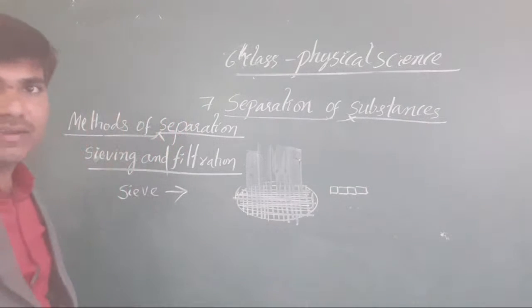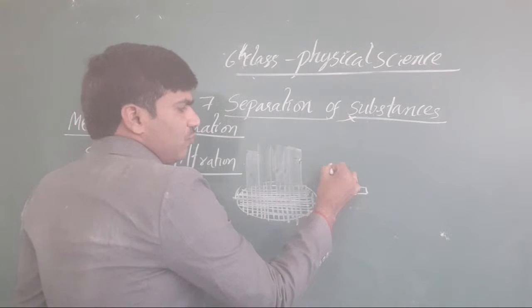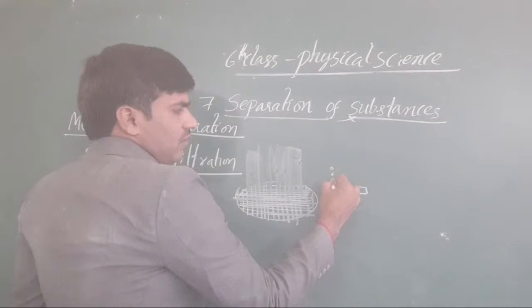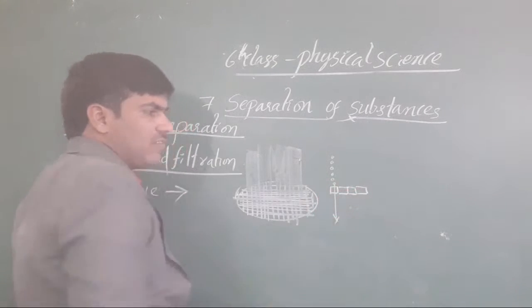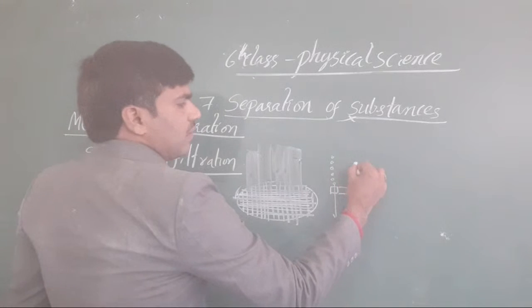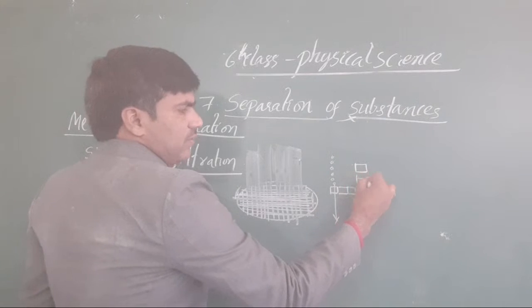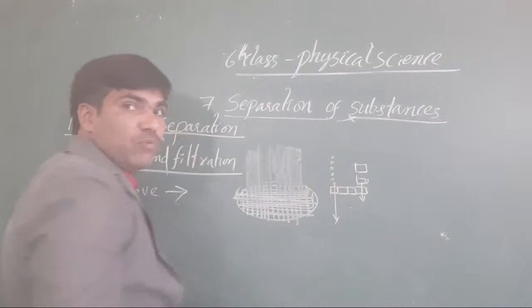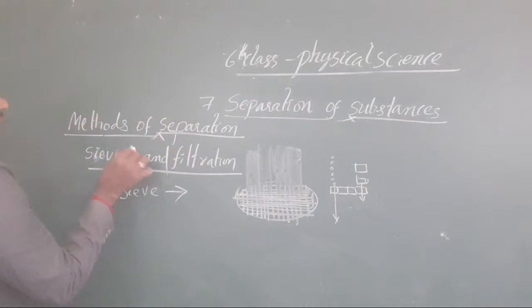If the size of the flour particles is very small, like these, they easily pass through it. Otherwise, if the particles are big, when they reach it, it is not possible to flow through it. This process is called sieving. Okay, got it or not?